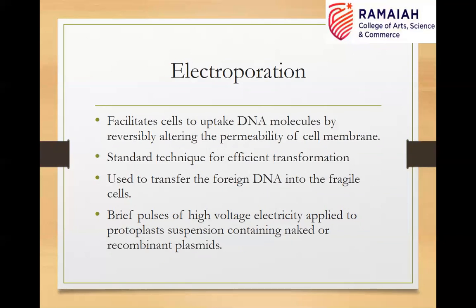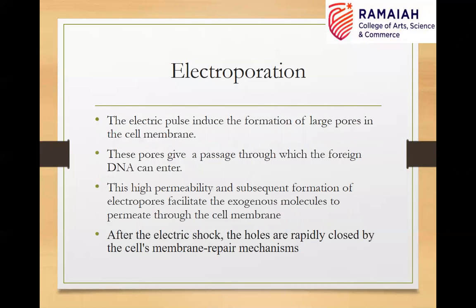What do I mean by reversibly altering? When you apply the electric field, pores form in the cell membrane. When you withdraw the electric field, they close. That's why it's called reversibly altering the permeability of the cell membrane. This is the standard technique for efficient transformation, used for transferring foreign DNA into fragile cells. Here, brief pulses of high voltage electricity are applied to a protoplast suspension that contains naked or recombinant plasmids.